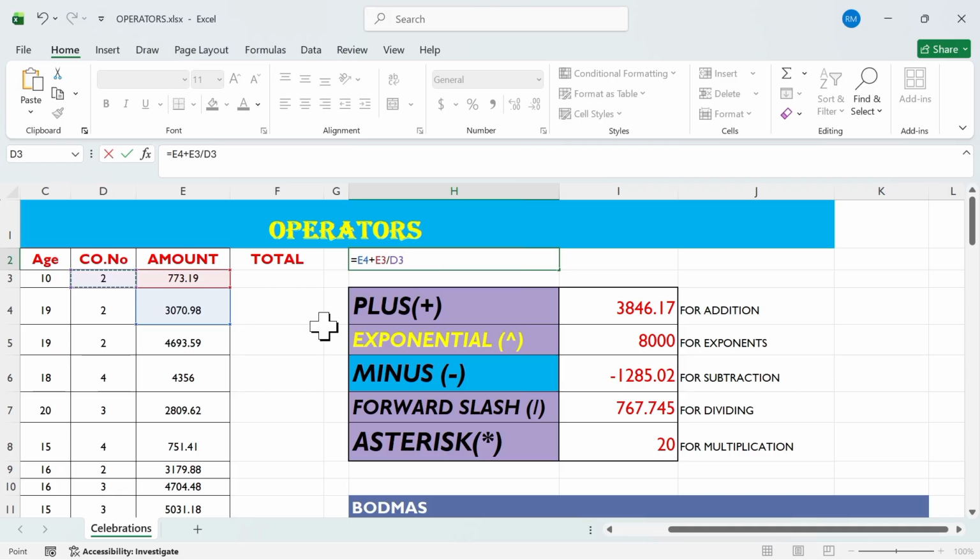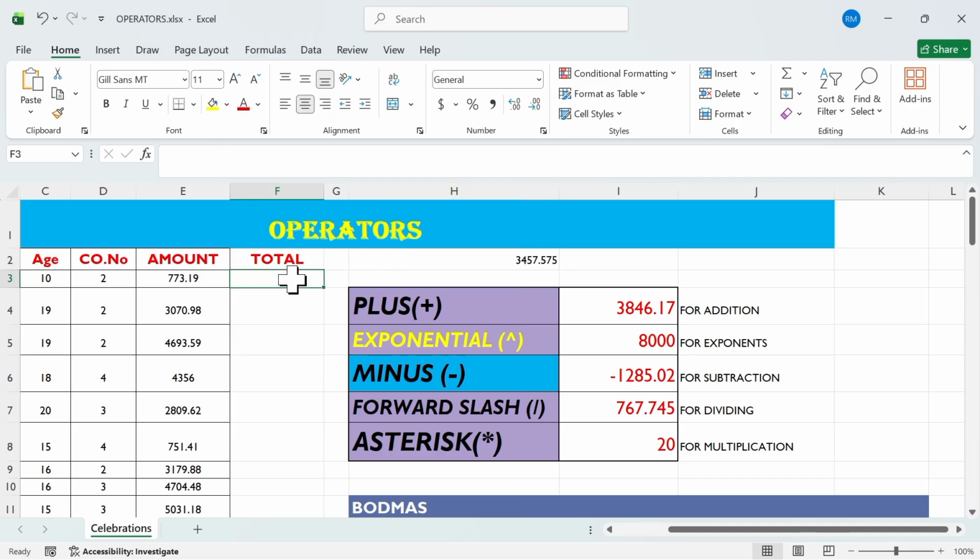Can you see that we now have two operators there, plus and division? So remember what we say, in this case our Excel is going to follow the BODMAS. So obviously it will start with division, then after division it will go to addition. Then you press enter there, and this is what you are going to get. So this is how you are going to use your operators.